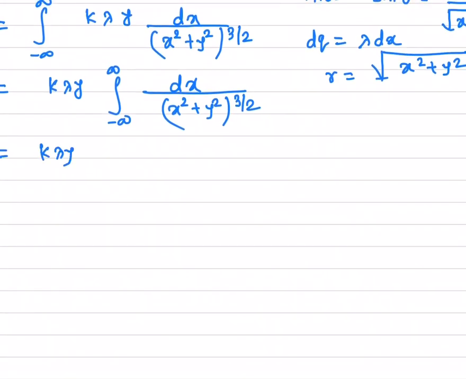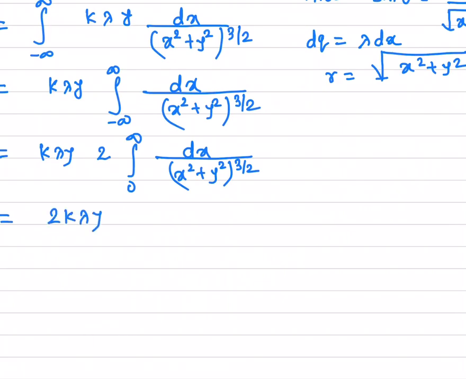And further, as I said, this is an even function, so I can write 2k lambda y, from 0 to infinity dx over x squared plus y squared to the 3/2.